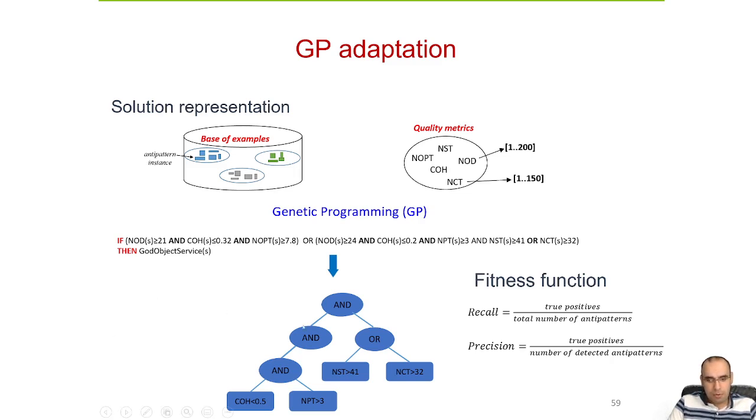So for example, for this rule, if the cohesion is less than 0.5 and the number of port types is higher than 3, and also if the number of simple types is higher than 41, or the number of complex types is higher than 32, this is likely to be a God object web service. These rules are trained and generated from our base of examples.